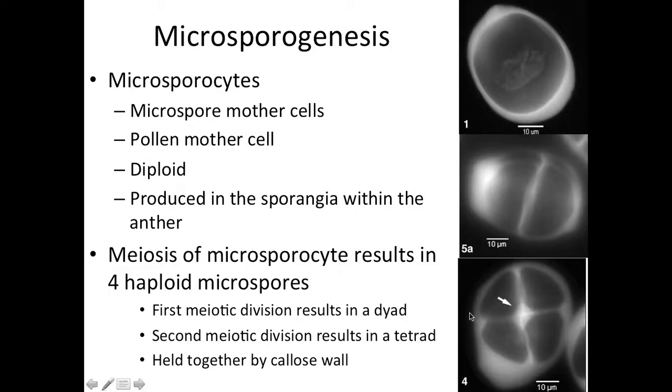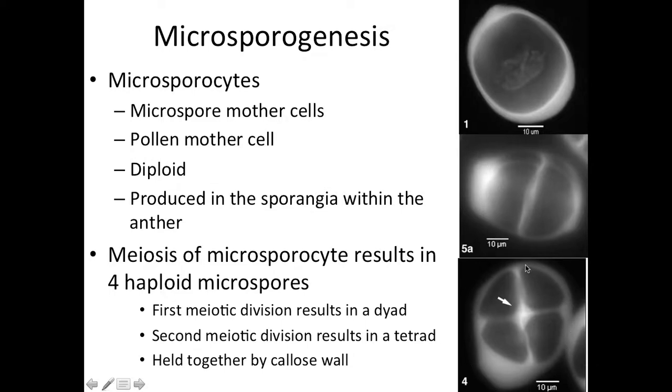After meiosis 1, you get meiosis 2. And so here you can see meiosis 2 has occurred, and now you have what's known as a tetrad. These are 4 haploid cells that have only a single set of chromosomes. Okay? They don't have duplicate DNA like they do in the dyad.